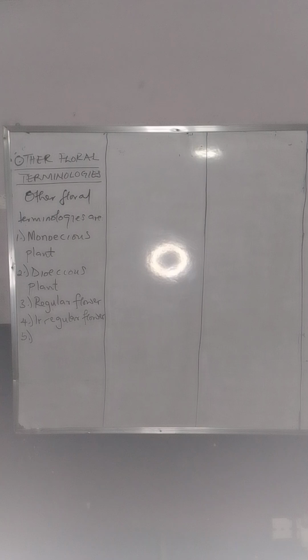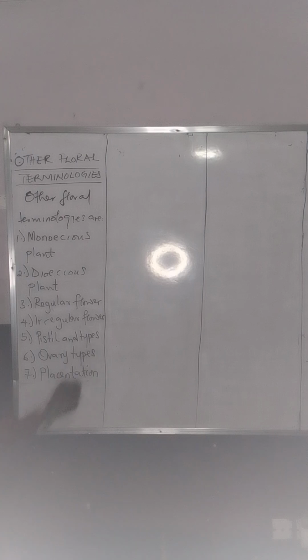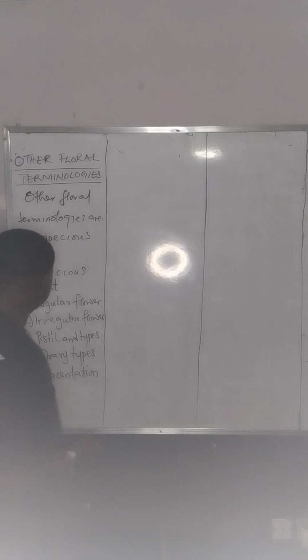Then we have pistil and types. Then we have ovary types. Then we have placentation. So let's take these ones one after the other.